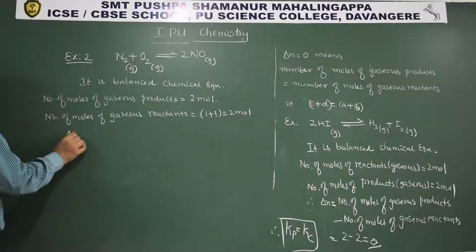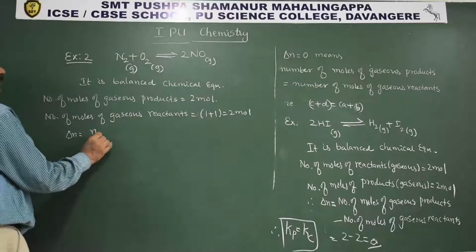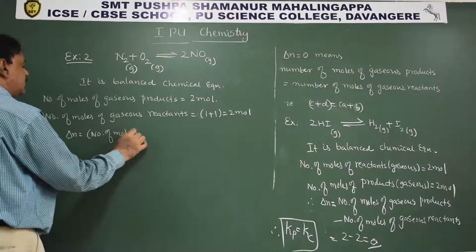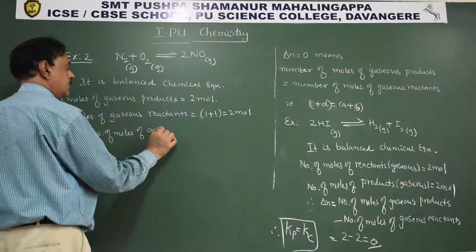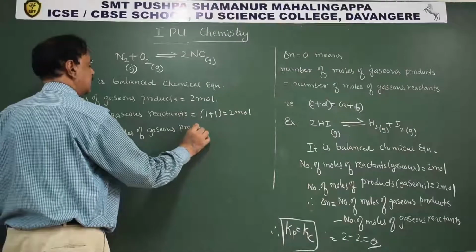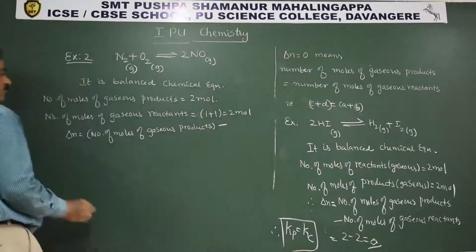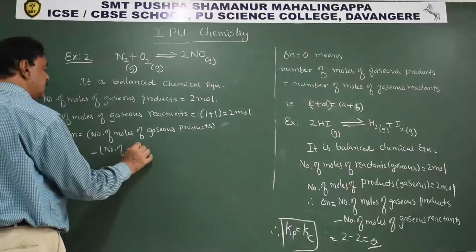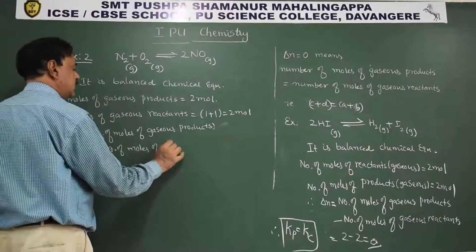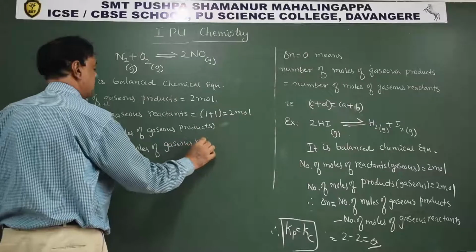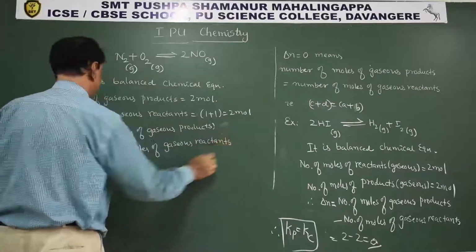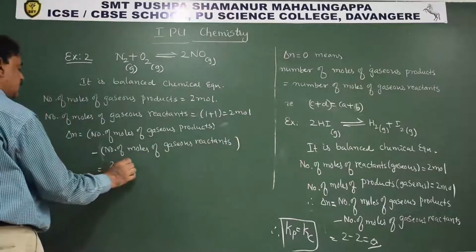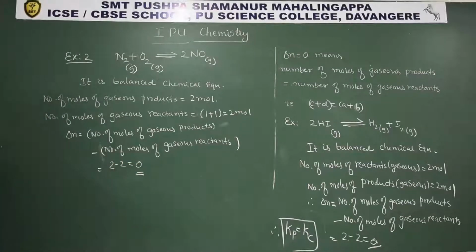Therefore delta n is equal to how much? The number of moles of gaseous products minus the number of moles of gaseous reactants, that is 2 minus 2, which is 0.